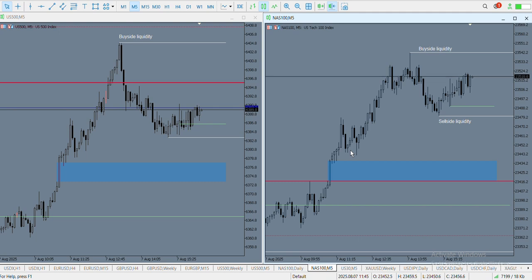But I've talked about the weekly range. I've talked about how the weekly highs and lows form, and what I expect when the weekly highs and lows form, and how they form.